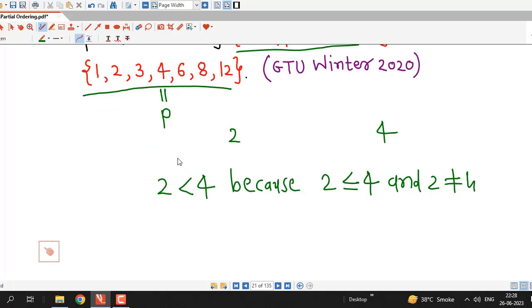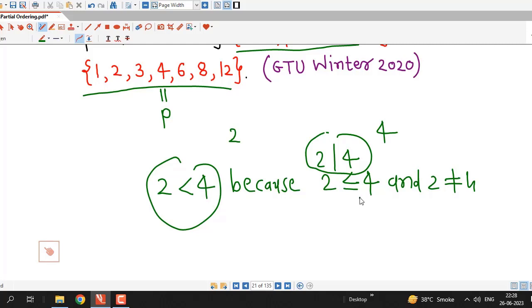Here the relation is the divisibility relation, so we know that 2 divides 4, therefore 2 is related to 4 and 2 is not equal to 4. Therefore we can write that 2 is less than 4.